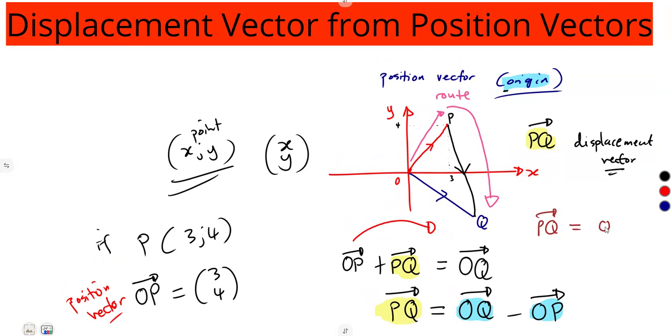It was supposed to be Q minus P, but Q is a point, guys. P is a point. We are supposed to write them as position vectors, so you just put O for the origin. So that's OQ minus OP. So it is simply Q minus P.